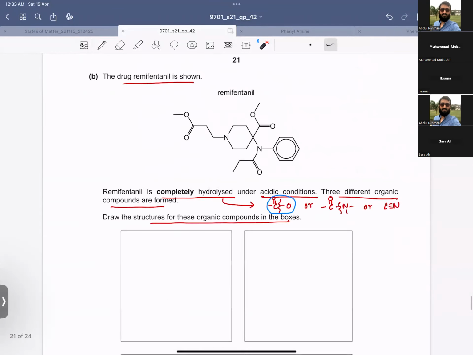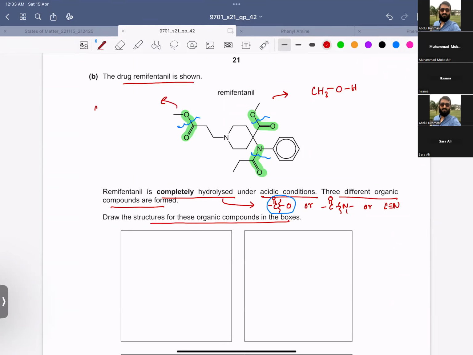Okay. So if we look over here, this is an ester, and here we have an amide. On hydrolysis, the bonds are broken from over here only. So when the bond is broken from here, I got CH3O, and to that O, H is attached, making methanol.